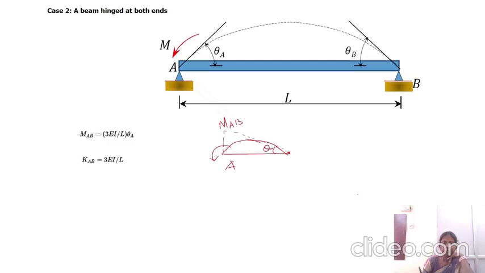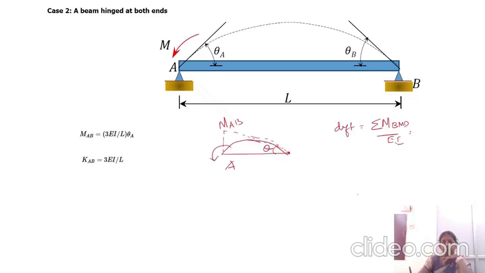So we can calculate the slope. The deflection is equal to the moment of BMD by EI, the area into centroidal distance.